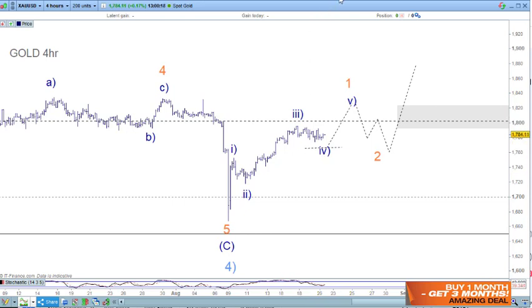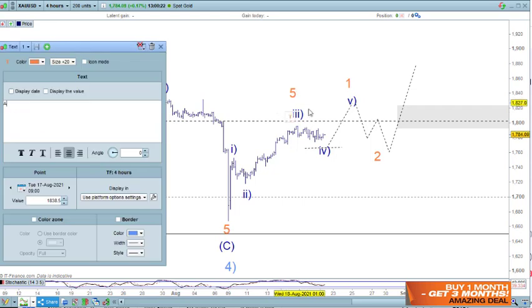If we were looking at it, I'll just use this chart because it's quite good, really, a bit of space on it, nice and clean. I don't know if I can put objects on here. So it could be an AB; it would have to pull back down below the 38.2% to be a B wave. The B wave is normally 50 or 60%, so we'd want to see a clear breach of that to be the B wave.